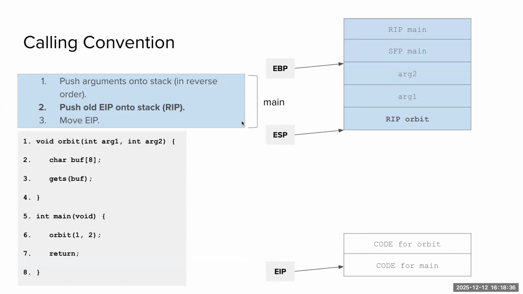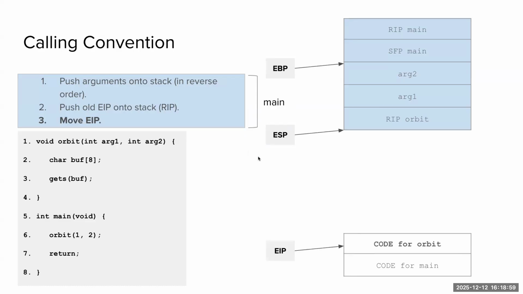Then we add in the RIP of orbit. This is still something that the main function does. It needs to save its current instruction pointer, whatever is executing in main, and then it has to move the EIP to whatever the address of orbit is.